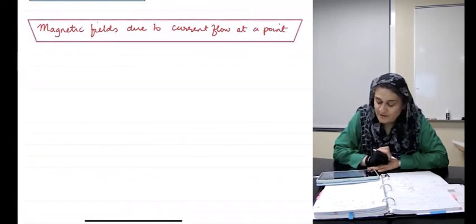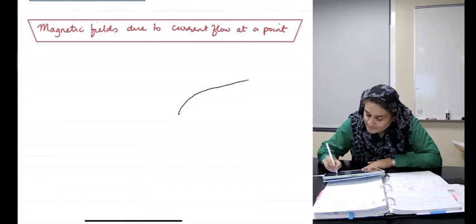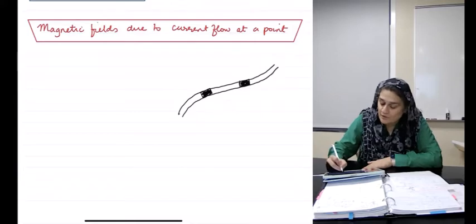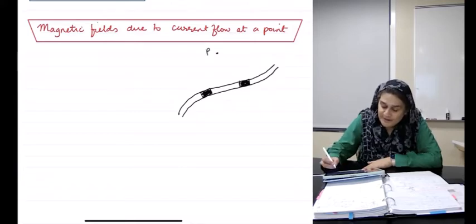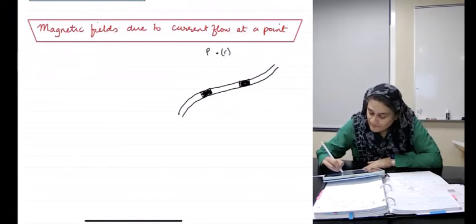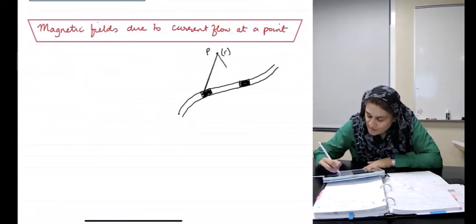Okay, so I'm going to try to draw this. Suppose I want to know at point P, which is at point R, how much this moved.